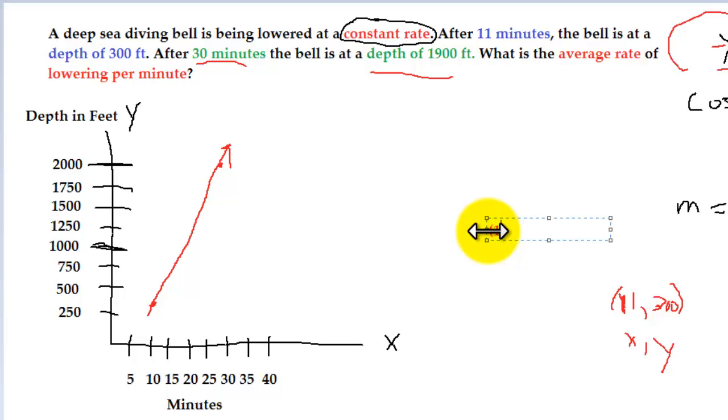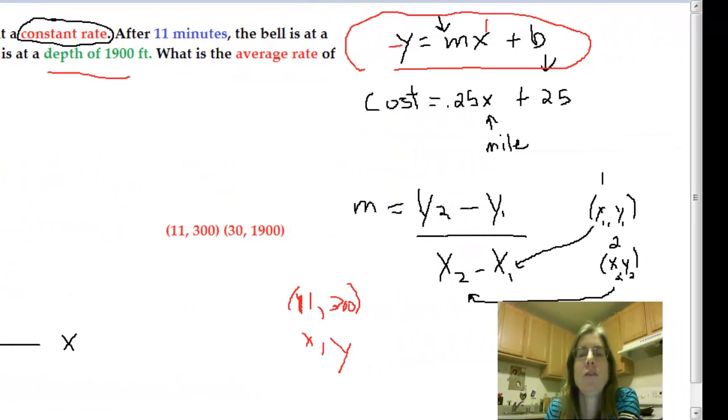What we plotted was 11 minutes and the depth of 300 feet. And then we plotted another point of 30 minutes at 1900 feet. So now we can plug these coordinates into our equation. This being an x and a y, this being an x and a y.